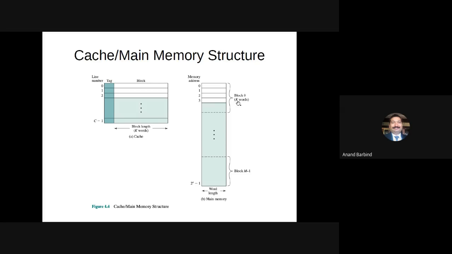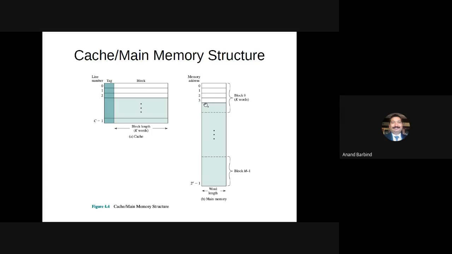Then your cache is also divided into a number of blocks, and the size of each block is k words. That means the size of the block in the cache memory and the size of the block in the main memory is the same.